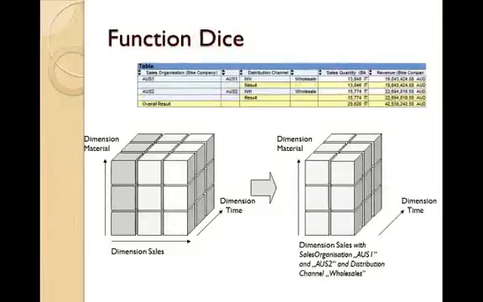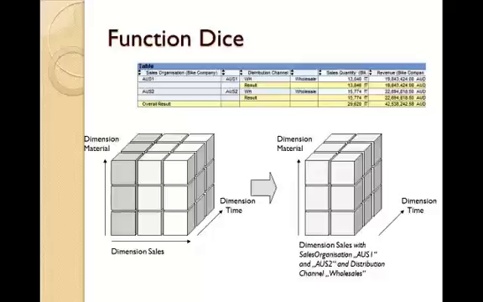Dice, on the other hand, means that we apply a filter to at least 2 dimensions. So now you have sales organization as well as distribution channel being applied.